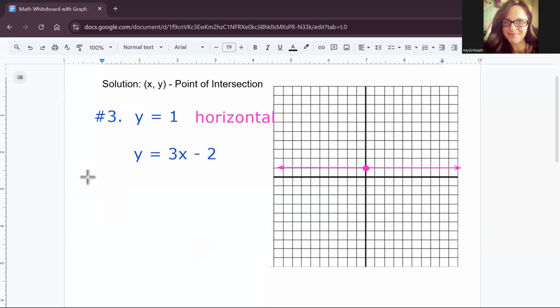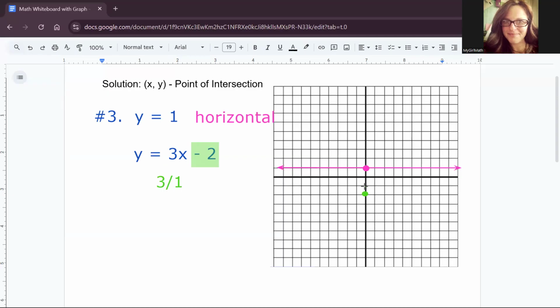The second line is in the form y equals mx plus b. We'll start with our y-intercept. And use our slope. We can write +3. It's 3 over 1.